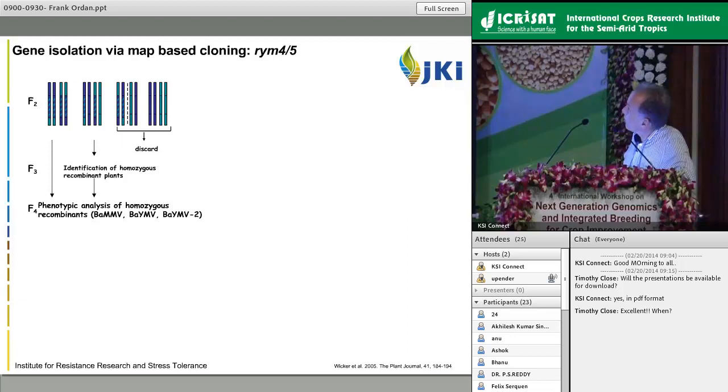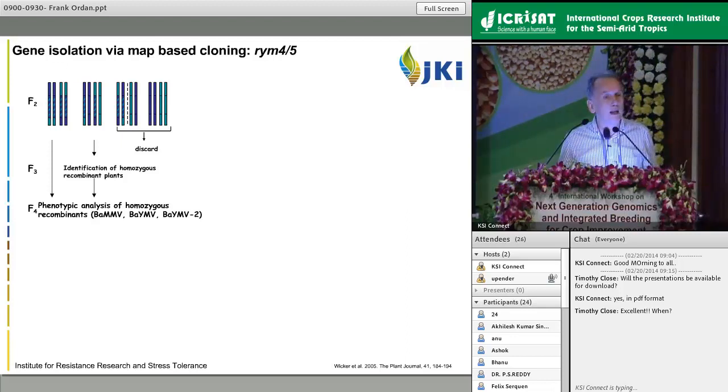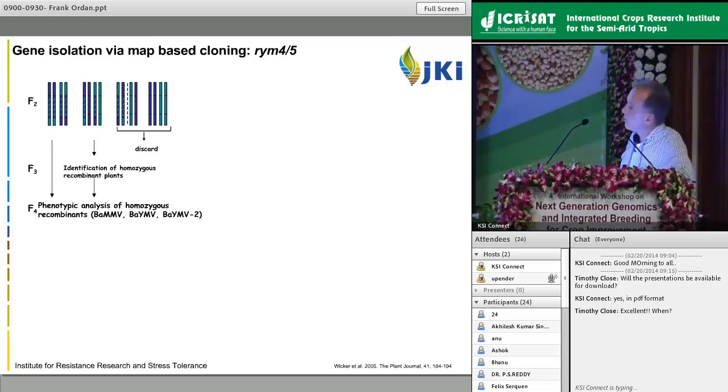The heterozygous ones were then selfed, and then the homozygous recombinants were identified, and these homozygous recombinants can then be used for repeated, this means reliable, phenotyping for resistance to these viruses and for marker saturation. And with this, we started in collaboration with Andreas Graner in 1993.